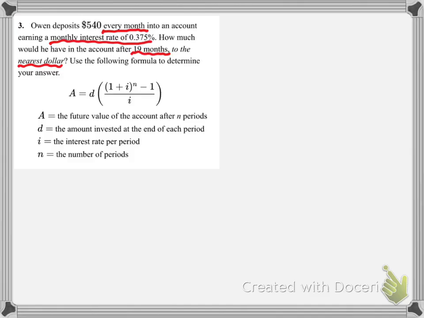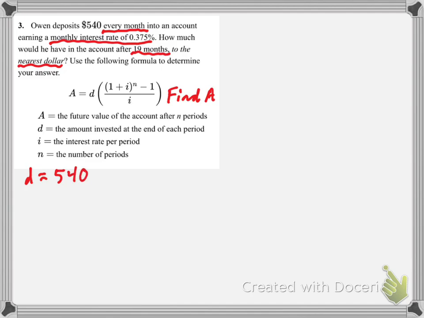We have a monthly interest rate, and they're asking how much would he have after 19 months. So all the units of time are the same. So, again, we're finding A. In this section, you're always going to find A. So D, the amount he deposits, $540.